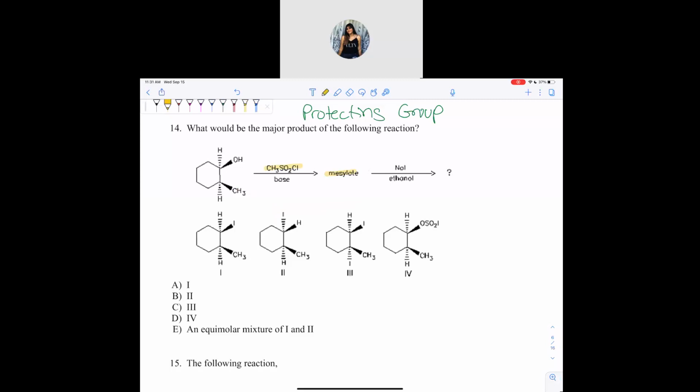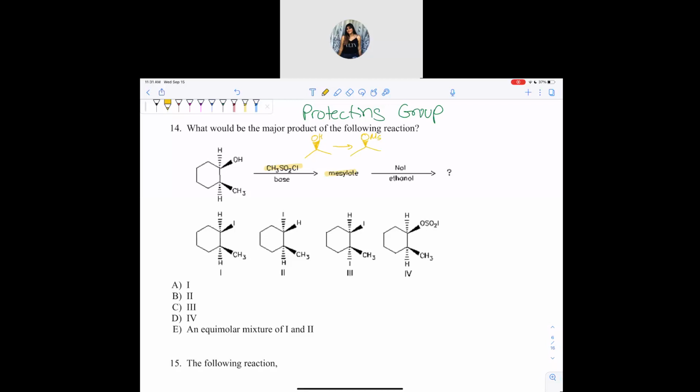What it usually does is take an alcohol and keep the stereochemistry, and it's going to add the mesylate group onto the oxygen. All right, cool.